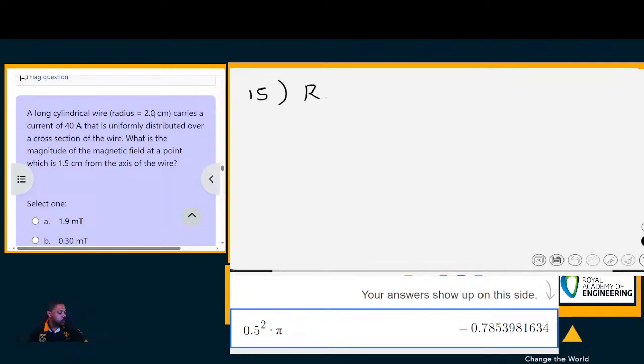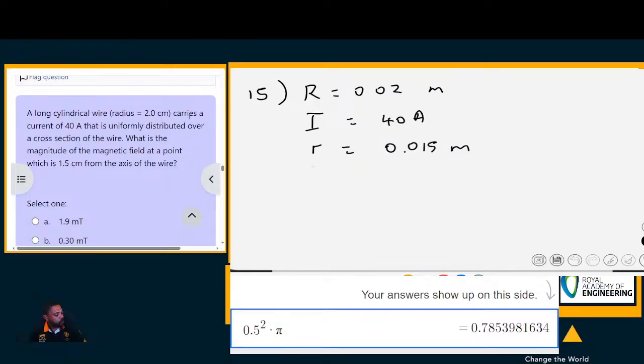The current carried by the wire is 40 amperes, and the distance from the axis where we want to calculate the magnetic field is 1.5 centimeters, or 0.015 meters.